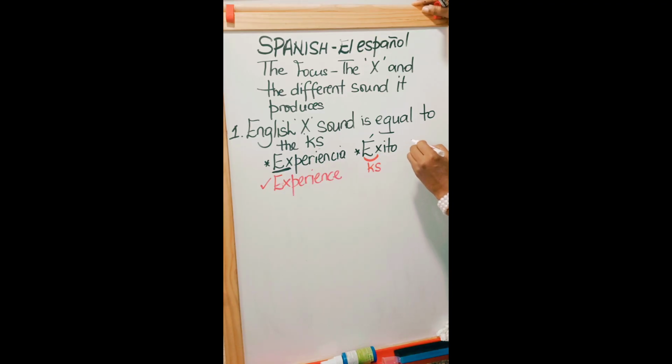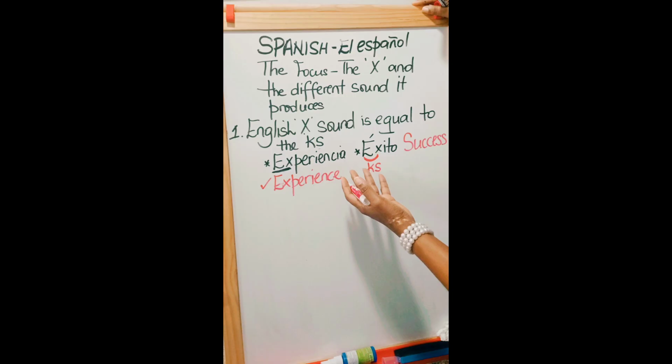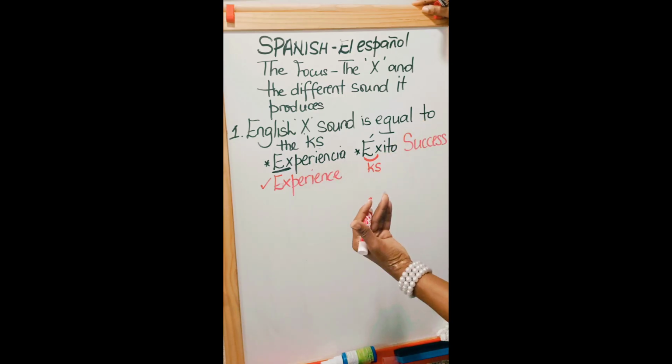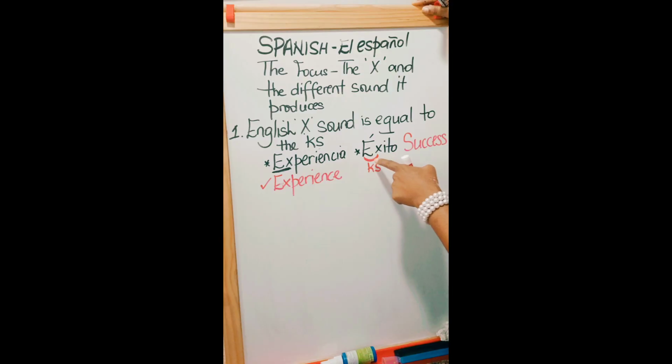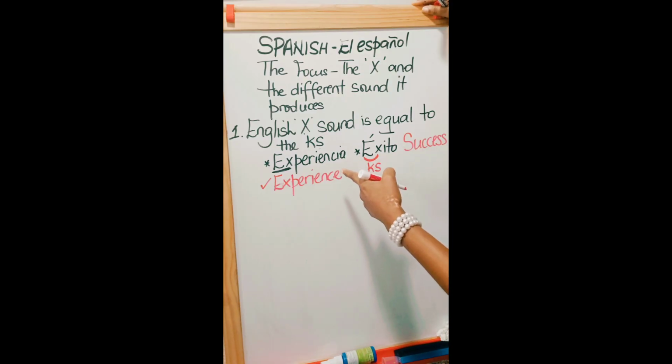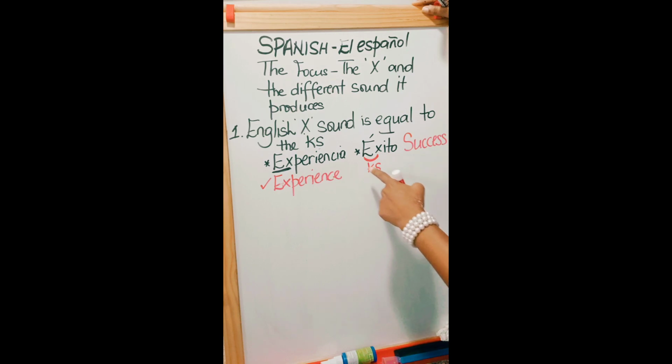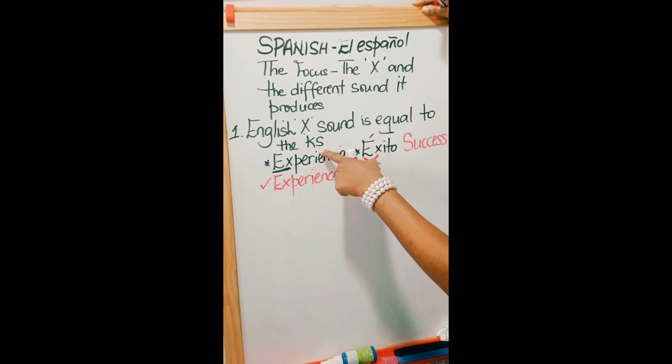And of course, this means success. I hope I'm spelling it correctly. Success. All right. Another example of the English X sound could be expresión. The same EX sound as in experiencia and éxito. Expression has EX, and of course the EX translates to the KS sound, right?